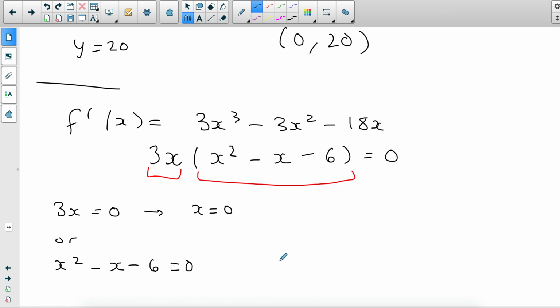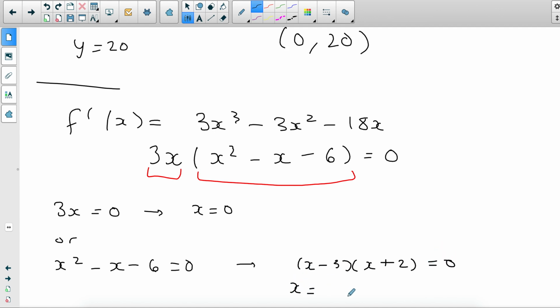So that's one solution, which is the solution we found here. And then for this, you could use a quadratic equation as well. This could be factorized into x minus 3 and x plus 2 equals 0.